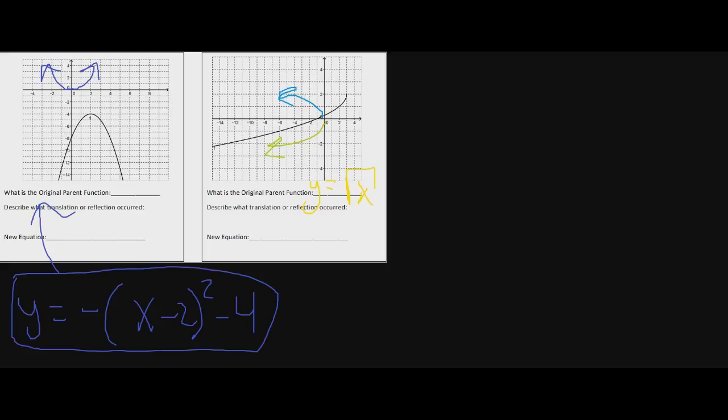So if this is our parent function right here, it got reflected over the y-axis, then reflected over the x-axis, and then once it got reflected over both, it moved to the right by 3 and then up 2.